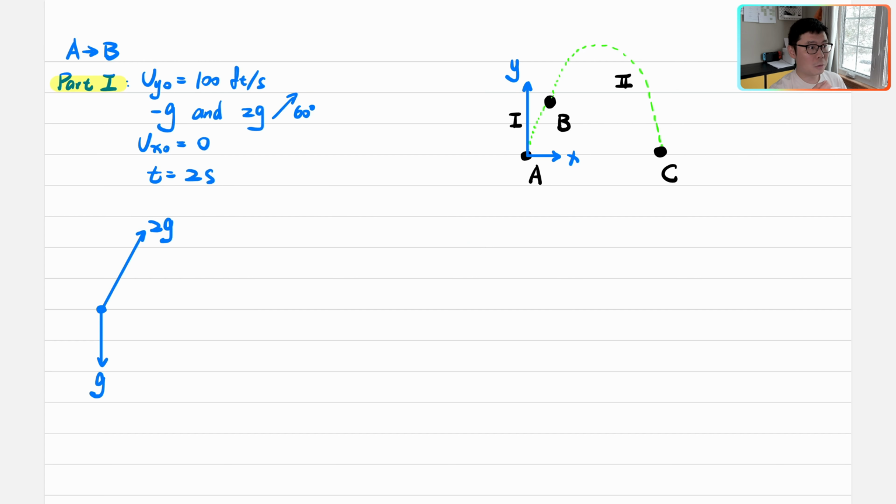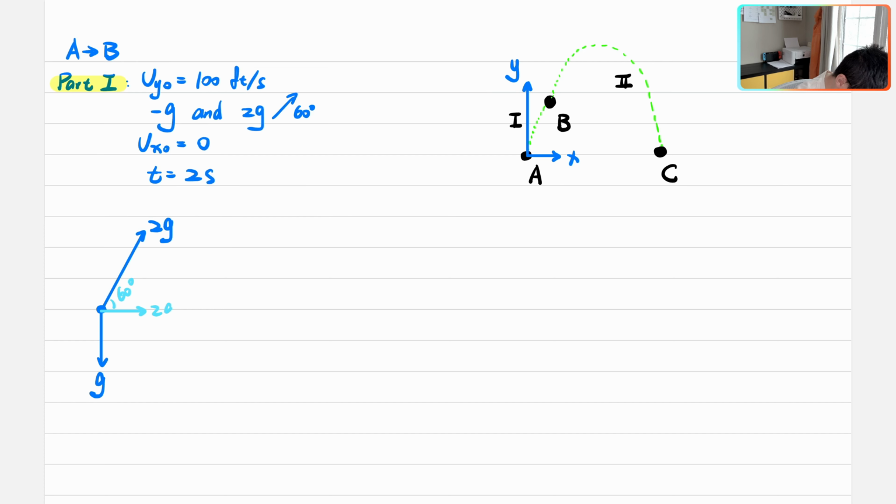So similar to what we did for our analysis for velocity, as I said, in projectile motion, not only can you resolve your velocity into x and y, you can also do that for displacement and acceleration. So for your acceleration, we will have the external acceleration, this is 60 degrees.